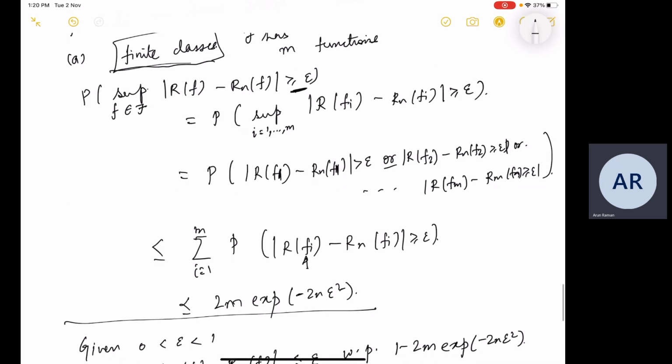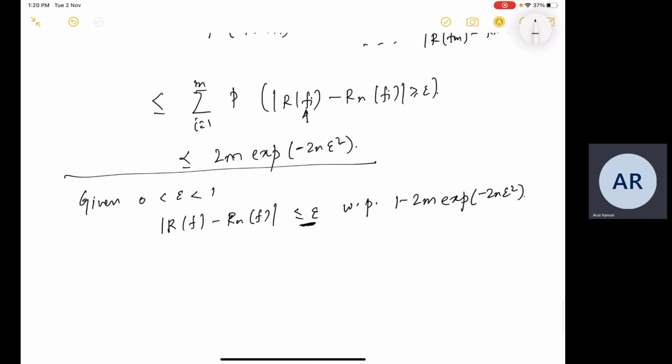So what these steps have told us is that the empirical risk approximates the true risk for any function in f with probability 1 minus 2m e raised to the power minus 2 epsilon square. Okay, but the way this inequality works is that we first propose an epsilon, then given that epsilon, we get the probability.